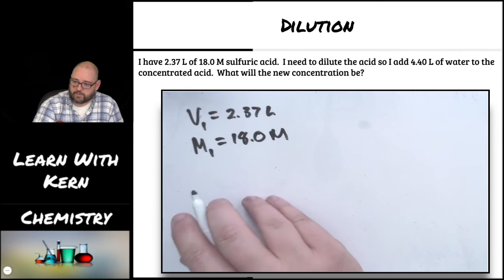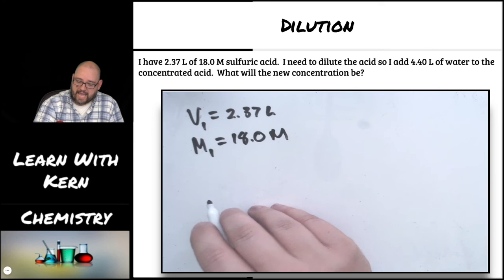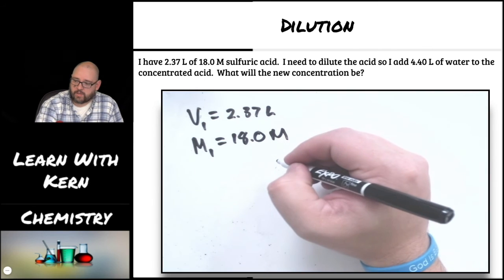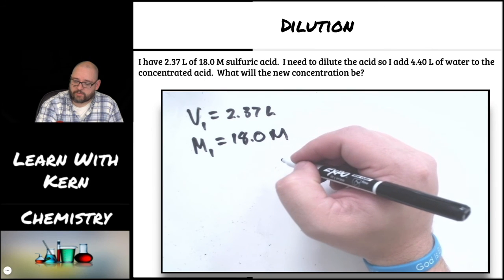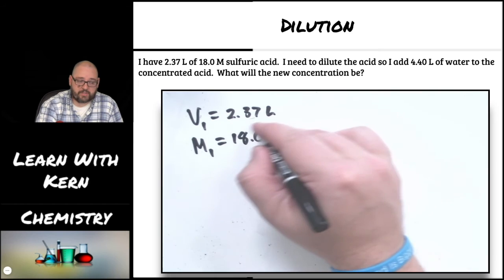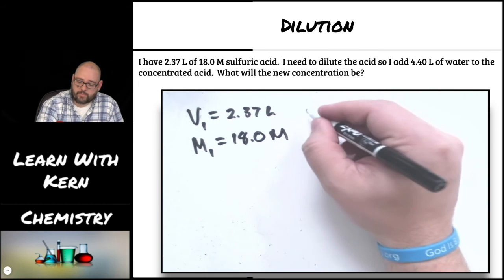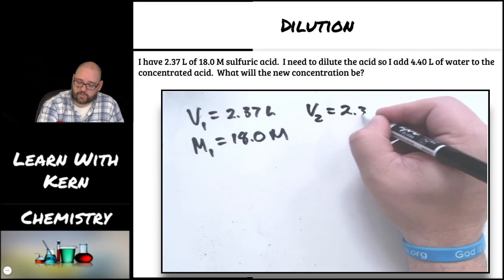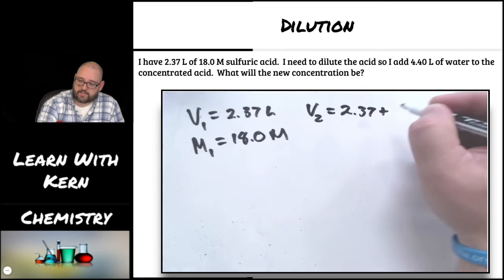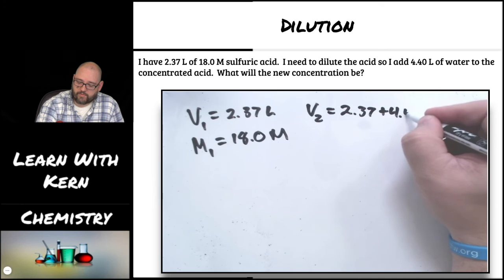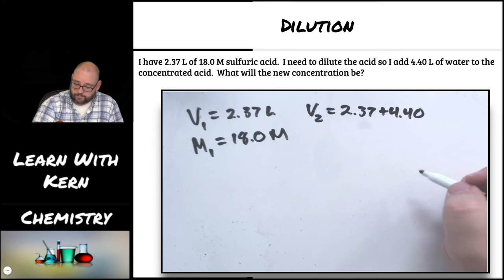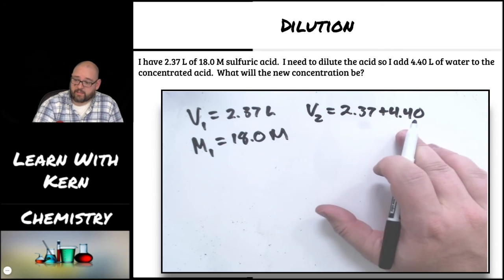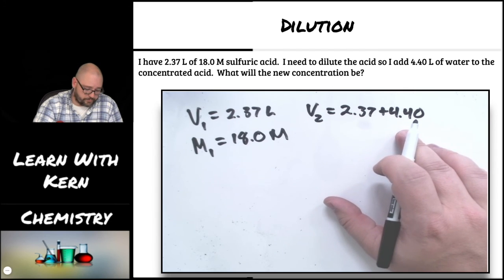I need to dilute the acid, so I add 4.40 liters of water. So this is the volume of my solution, and so my next volume is going to be that volume, 2.37 plus 4.40, because I'm adding that volume of water to this concentrated solution.